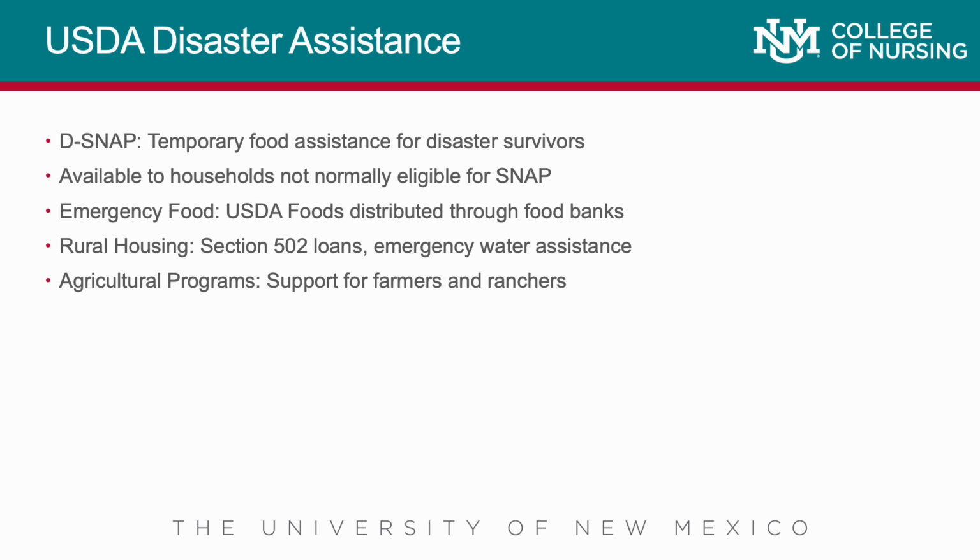They will probably exist again, but right now, on any given day, we do not know what is going to be available and what isn't. USDA also distributes emergency foods through food banks and provides grants for rural community water systems. For rural homeowners, the Section 502 loan program helps with repairs.